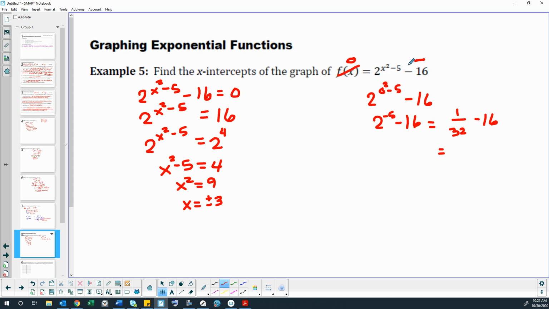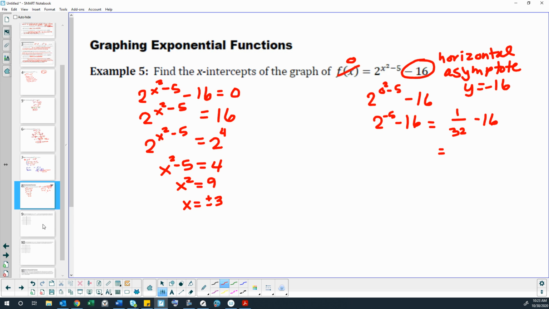That leads me to believe that this negative 16 right here is probably indicative of our horizontal asymptote, because our entire graph is going to move from a horizontal asymptote at y equals 0 to a horizontal asymptote at y equals negative 16, which this y-intercept seems to also agree with, because this point is going to be right above that asymptote, right?